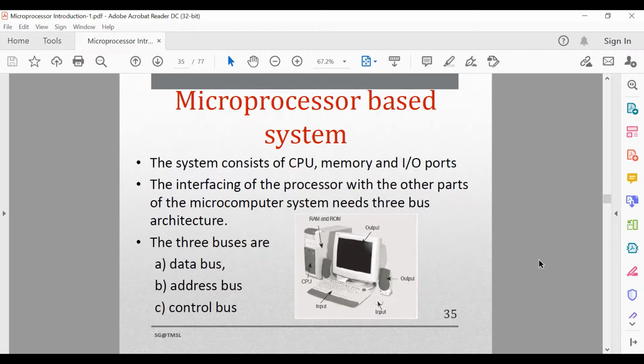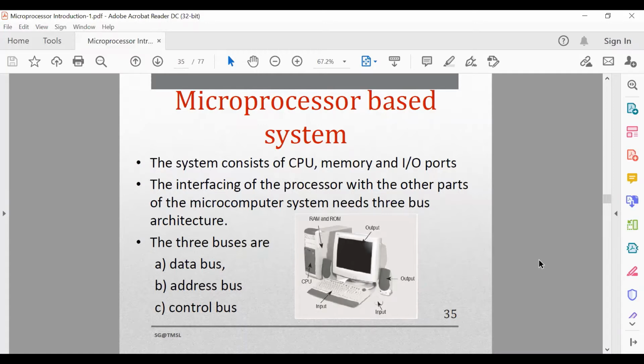The data bus is used to transfer the data only. This is a bidirectional bus, because you need to transfer the data for input purposes as well as for output purposes. That's why it is bidirectional. The address bus must be driven by the processor, that's why it is unidirectional, and through it the memory address will be transferred.